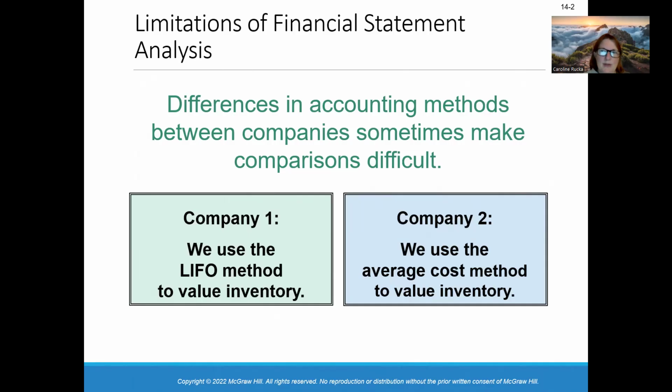In last in, first out, because of inflation, the last items that you buy tend to cost more than those purchased previously when we're talking about inventory. So if we're recording last in, first out, it makes our inventory more expensive than when we're taking an average of all of the inventory that we've purchased over the course of the year. Okay.